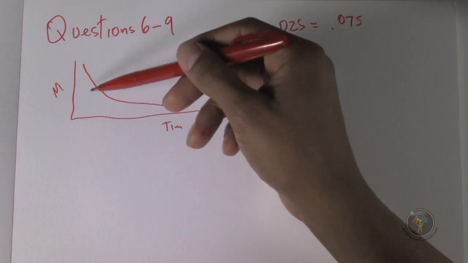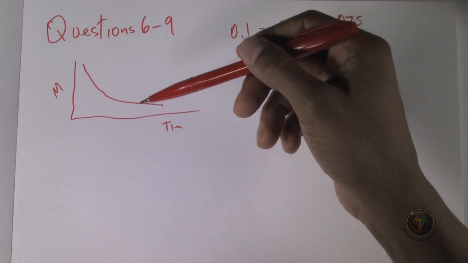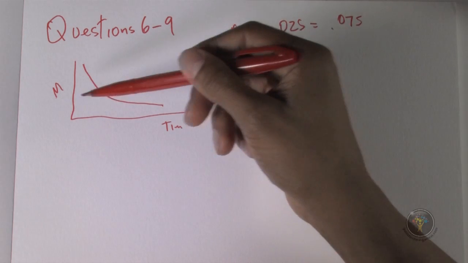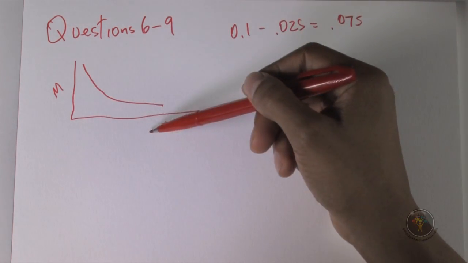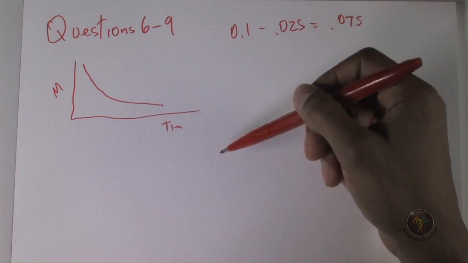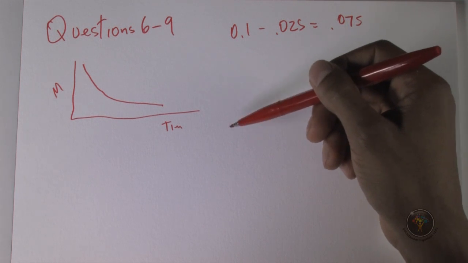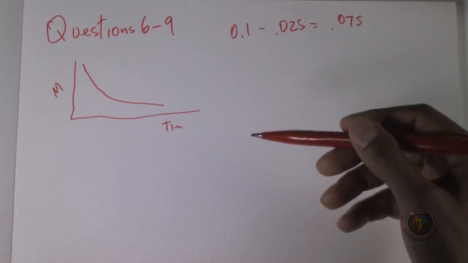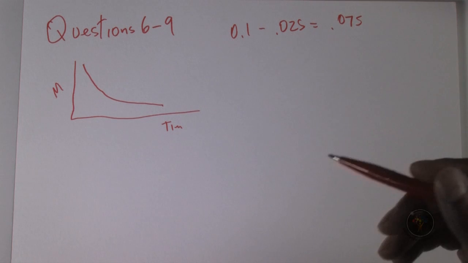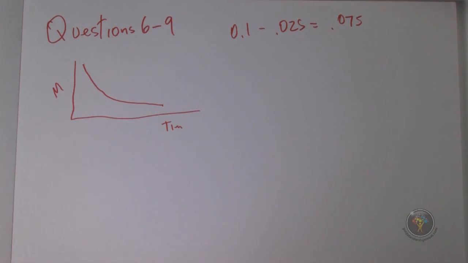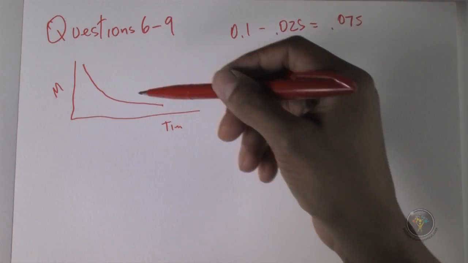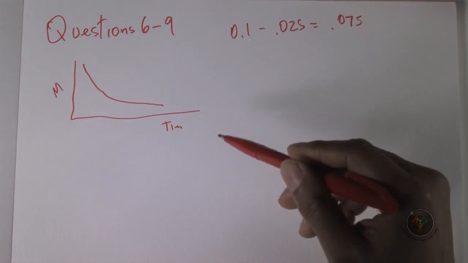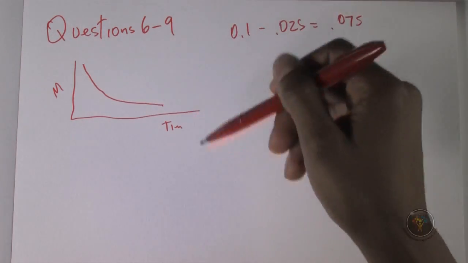Sometimes getting the area under the curve is helpful, but just check your units to make sure that by multiplying this times this, you get a result that is useful to solve the problem. And of course, you just look at the units of the answer choices given to you. But this is not the case here. Area under the curve won't help us here because we need per unit time.